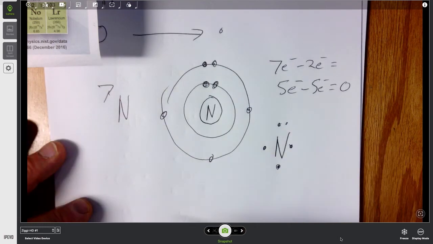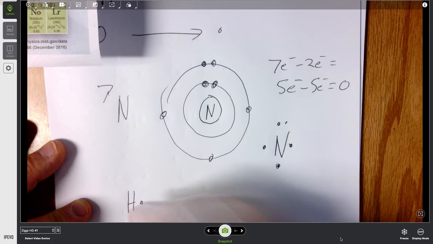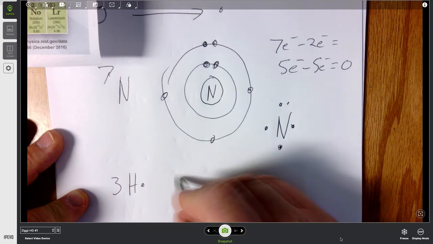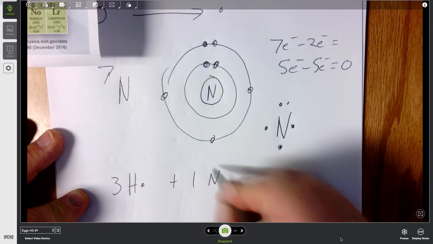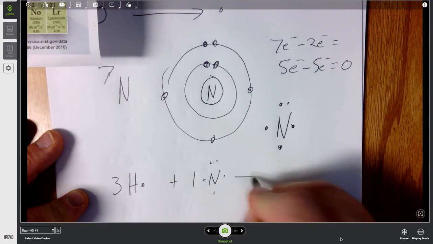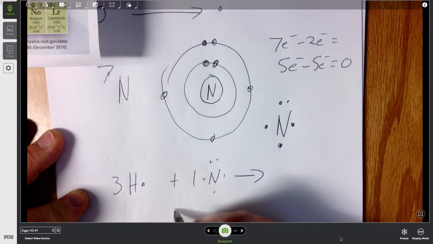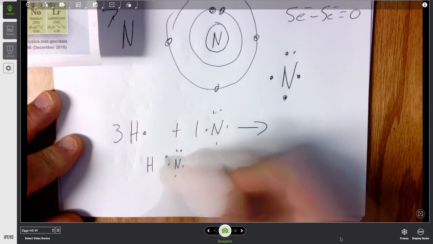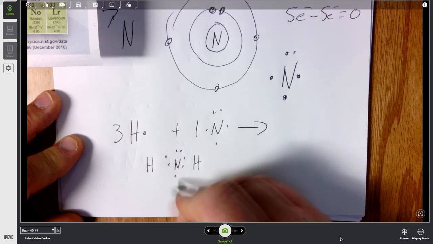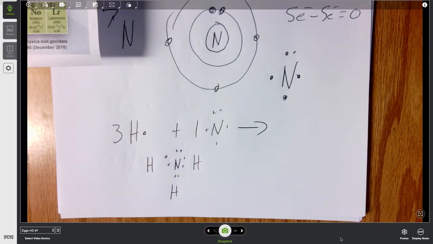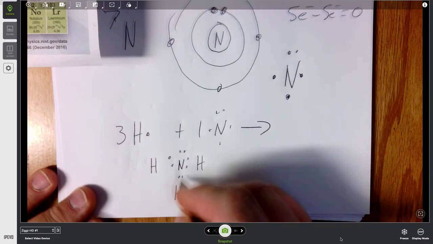Because this can combine, if I have 3 of these and I have 1 of these, I can make a compound, right? Hydrogen, hydrogen, hydrogen. And this is what we would call a covalent compound, because they're going to share these electrons.